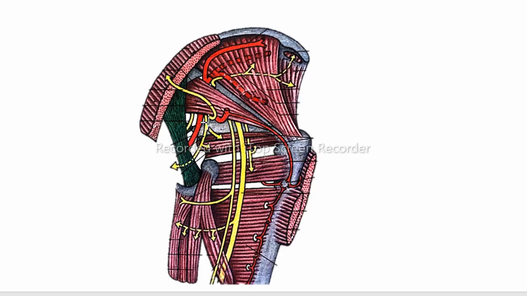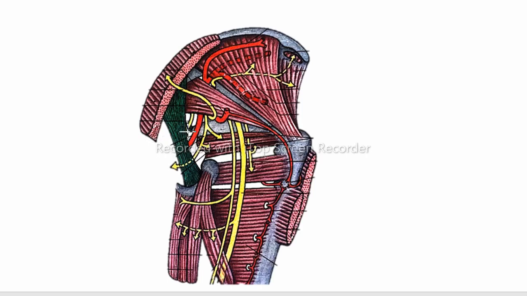And the three structures that enter from the greater sciatic notch to the lesser sciatic notch and lie around the ischial spine are the nerve to the obturator internus muscle, the internal pudendal vessels and the pudendal nerve. So there is a mnemonic, PIN.